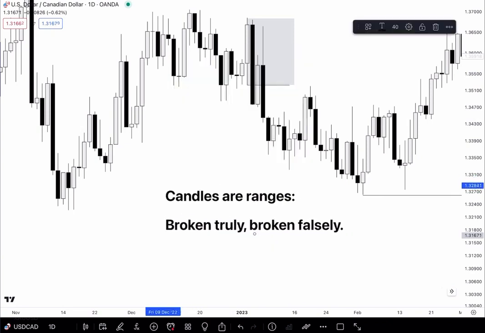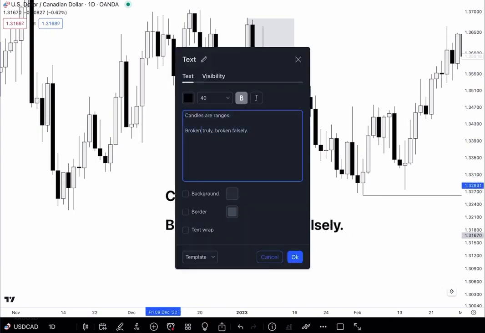When we close above a high or below a low, that equals continuation, all right? When we wick, but we don't close, that equals reversal or retracement. Continuation of the close, right?